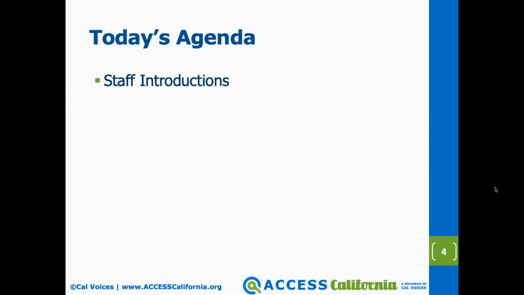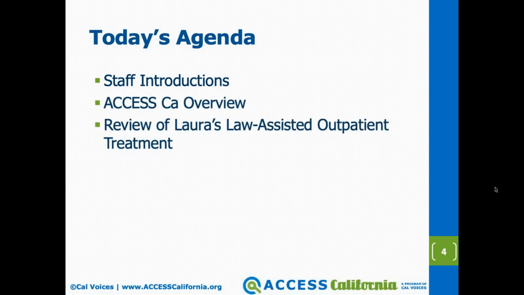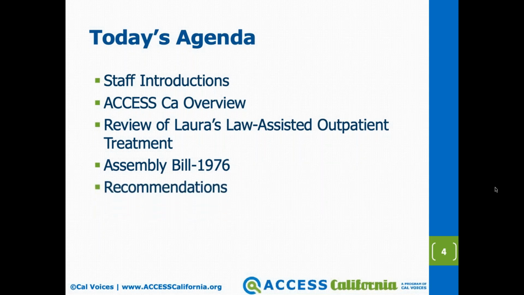Oh, wonderful people. All right, so today's agenda, we're going to give a brief introduction of ourselves. We're going to do an overview of who Access California is. Then we're going to review what Laura's Law, AOT, is, for those of us that aren't familiar or just need a refresh, and then dive into what Assembly Bill 1976 is in conjunction with AOT.